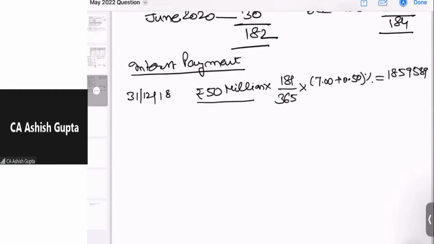Now similarly, when we talk about the next reset date, the amount is the same. The number of days is 184 days. The rate of interest is 8%.